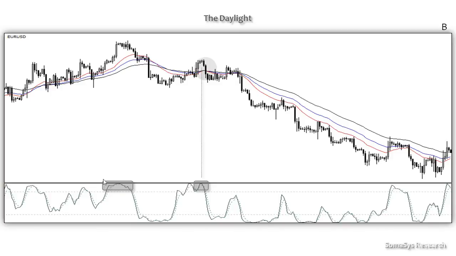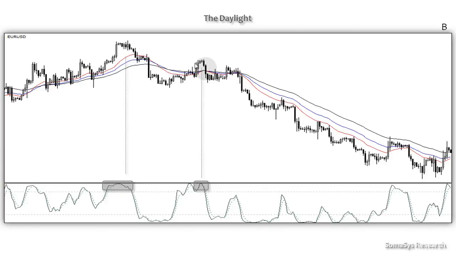So this is a preceding overbought condition here, and between these two overbought conditions, we have this oversold area in between. Next we will mark the corresponding overbought point on price around the swing high. So we have a swing high here and this one over here.